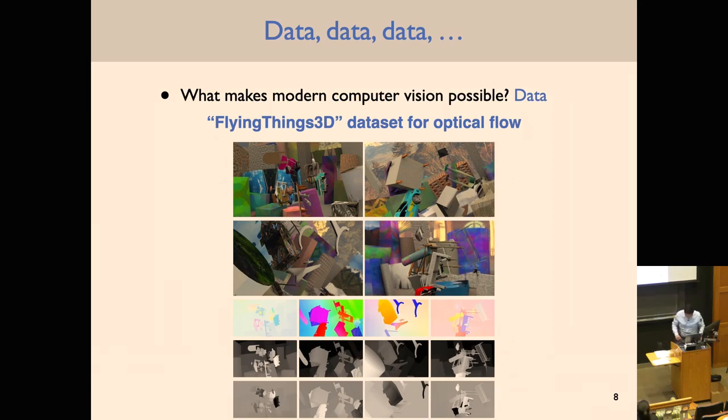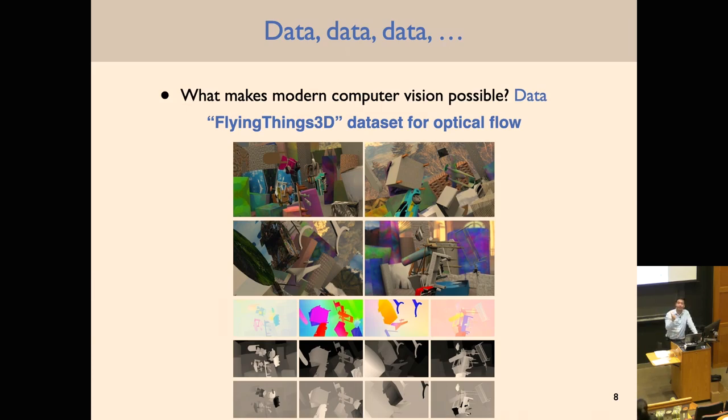You can see in some of the images there's a car, and a whole bunch of random things like sofas flying around in 3D. You're generating what an image or video would look like if you had some camera looking at these randomly moving 3D objects.